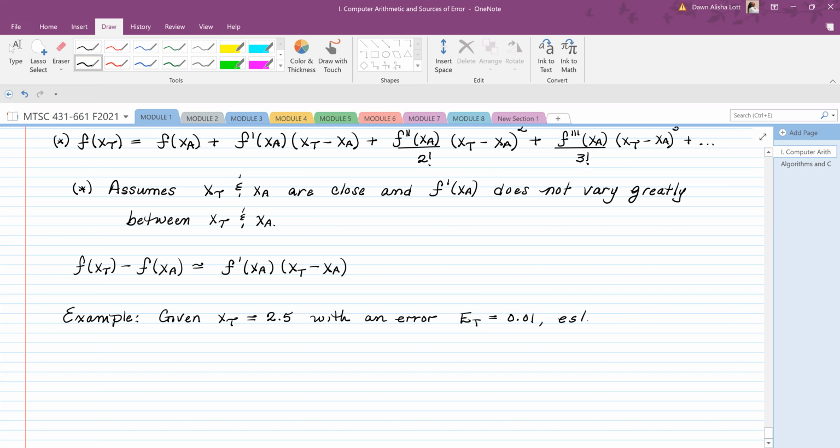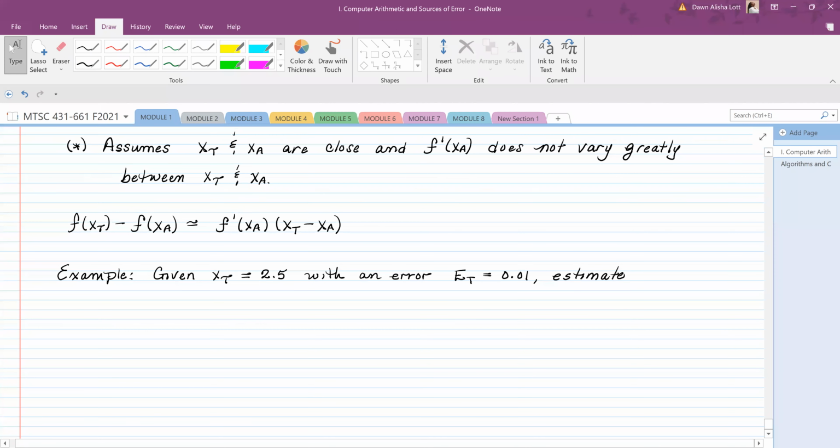Estimate the resulting error in the function f of x is equal to x cubed.